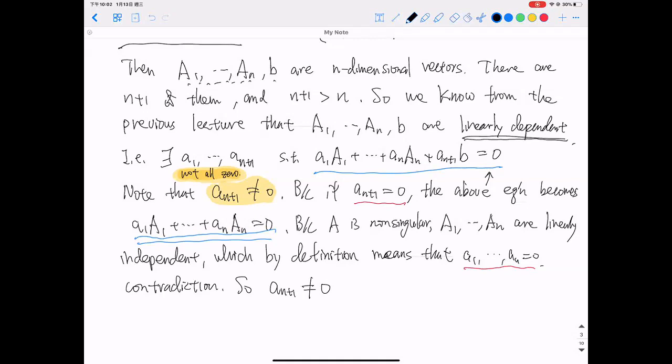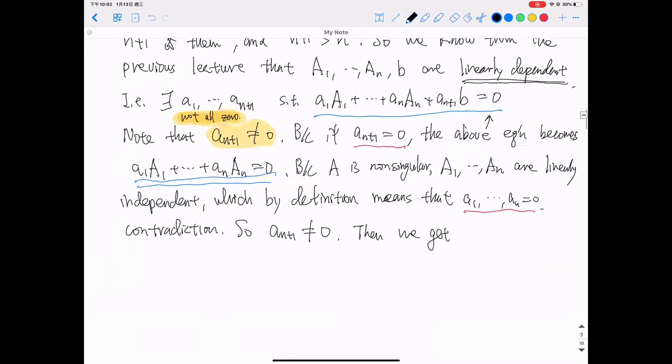Okay, then what? Once you have a non-zero number, you can divide by it, right?